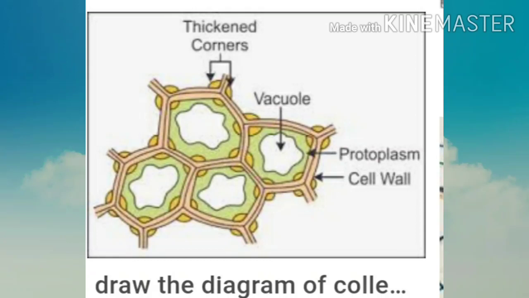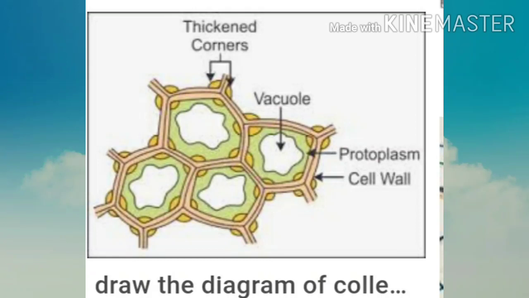It consists of living cells at maturity. Now the location. It is found in petioles, veins of the leaves, and young stems. Function. It provides a flexible mechanical support to the plant parts.